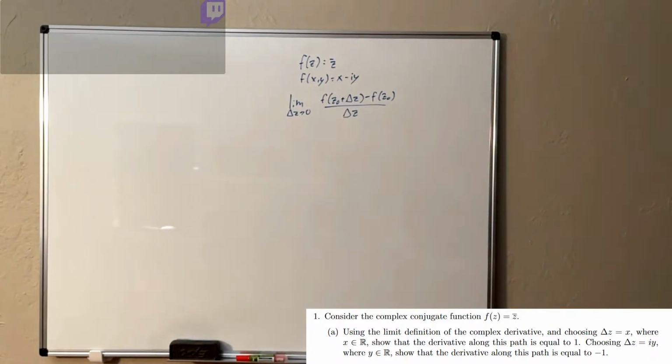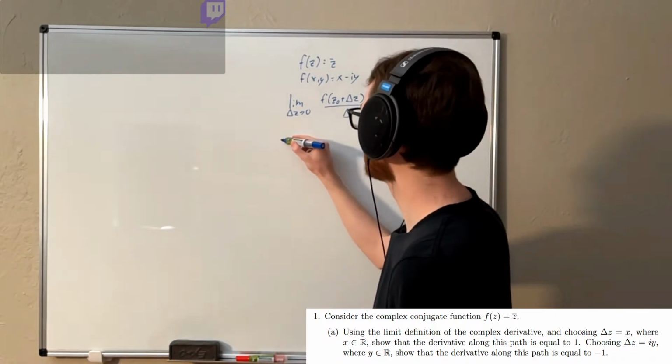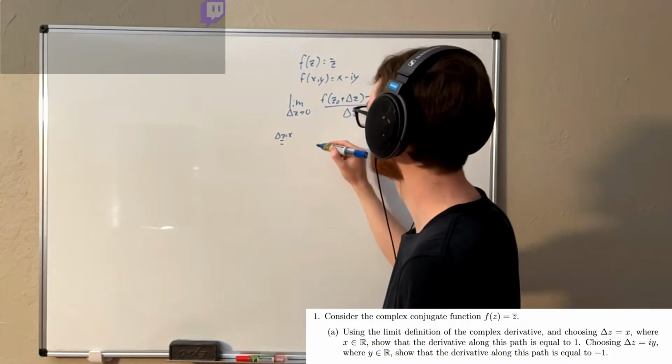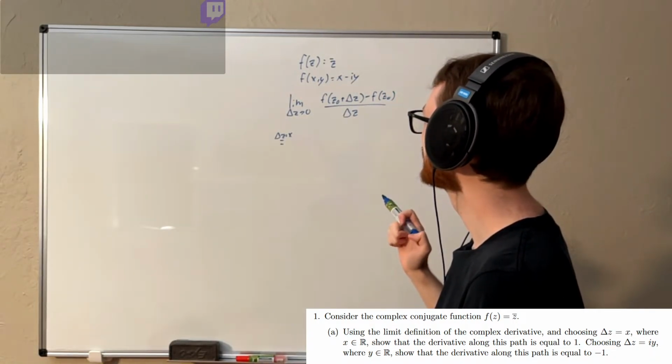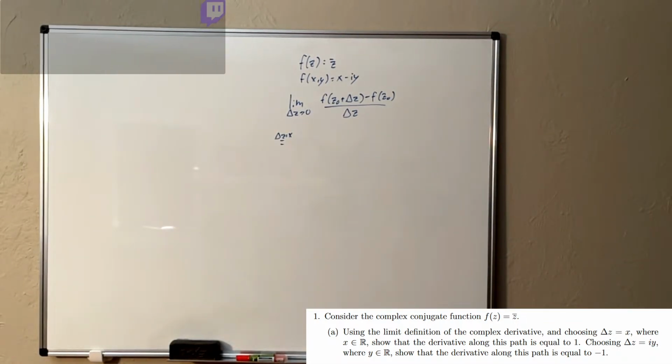For the first part of part A, we need to take delta z equal to x. And we are supposed to get 1, which is nice of Penn Center to give us the expected result. Why is delta z equal to x? That notation actually confuses me a bit now that I think about it.